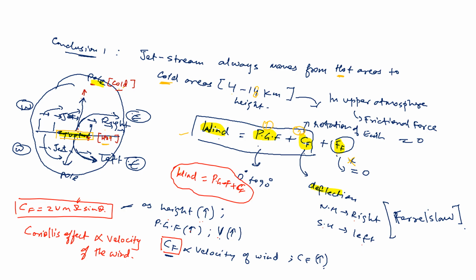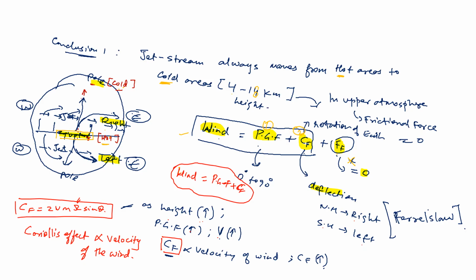So in the northern hemisphere, deflection is towards the right, in the southern hemisphere towards the left, due to Ferrel's law. But in the upper atmosphere, the amount of frictional force is nearly zero because there is no resistance active here.